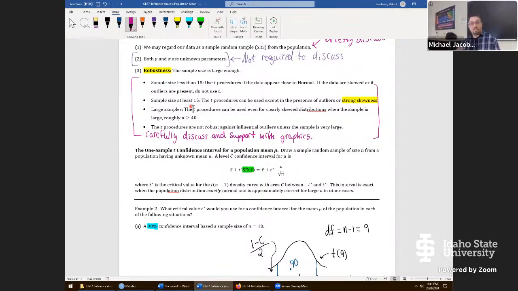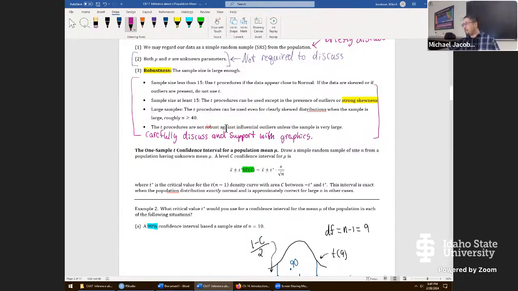But the central limit theorem does start to help. Right around sample sizes of 30, our author says greater than 40, t-distributions can be used even when the distribution is clearly skewed. But there is a limit to that statement. The amount of skew can become more and more and more.